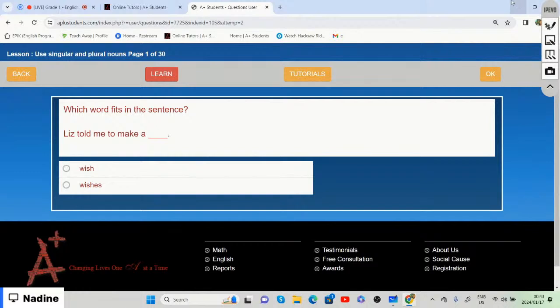So we're going to say Liz told me to make a wish. Remember, if we have the word one or the word a in front of the noun, we leave it with one, referring to the one wish, not wishes.